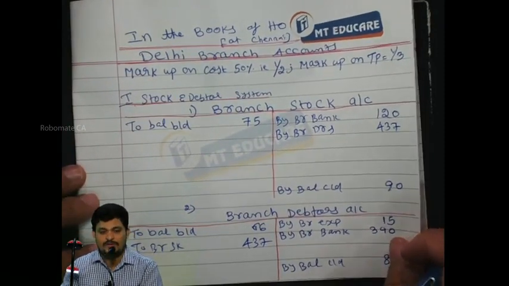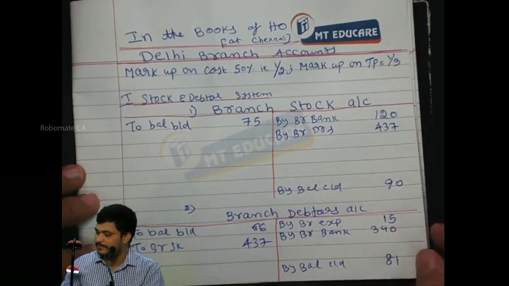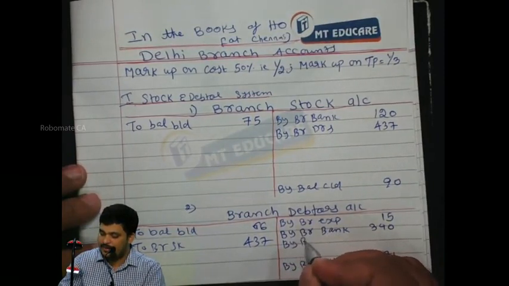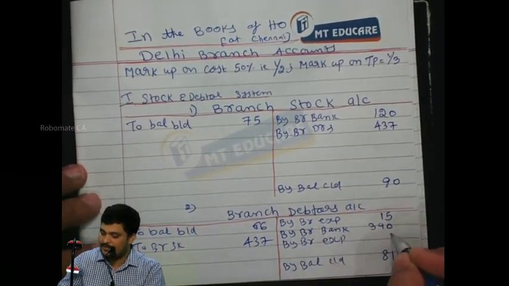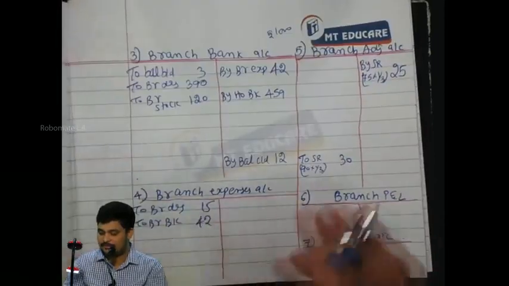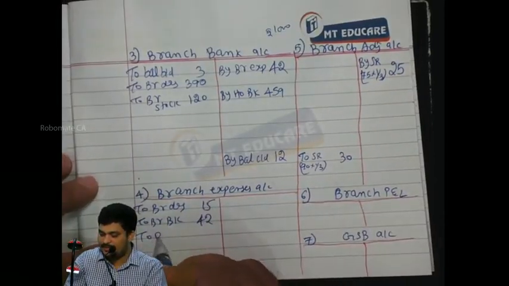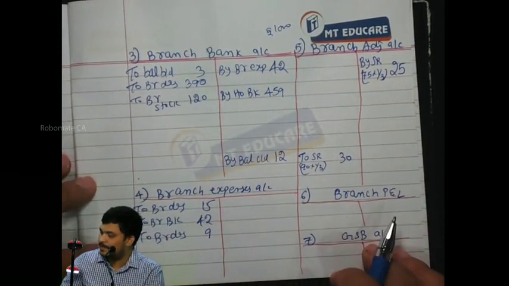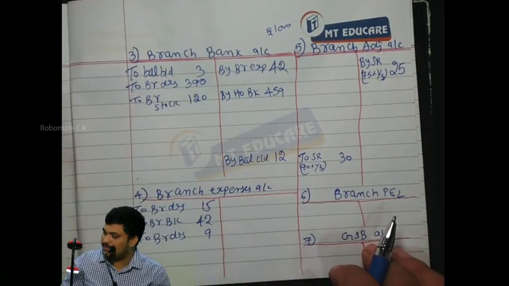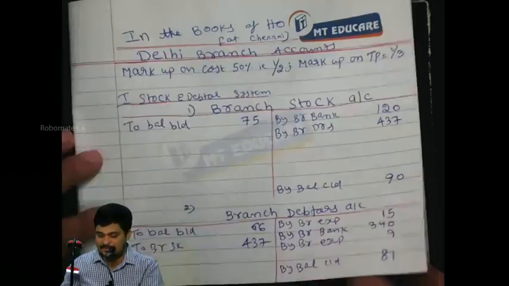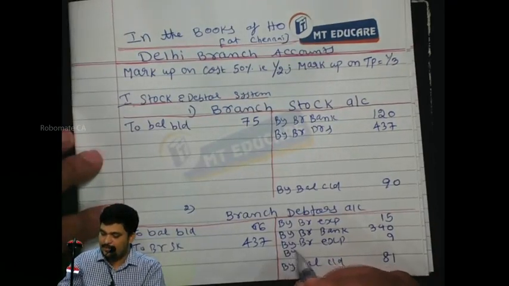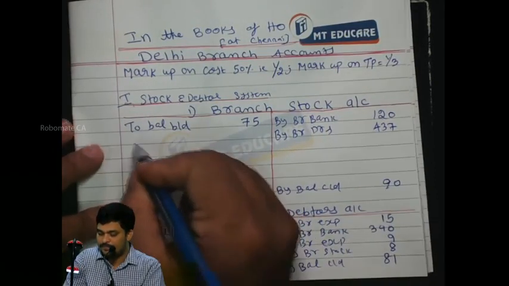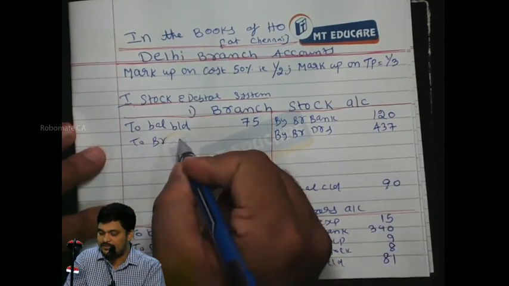Discount allowed to credit customers: so by branch expenses 9, to branch debtors. Right. Goods returned by credit customers: by branch stock, to branch debtors.